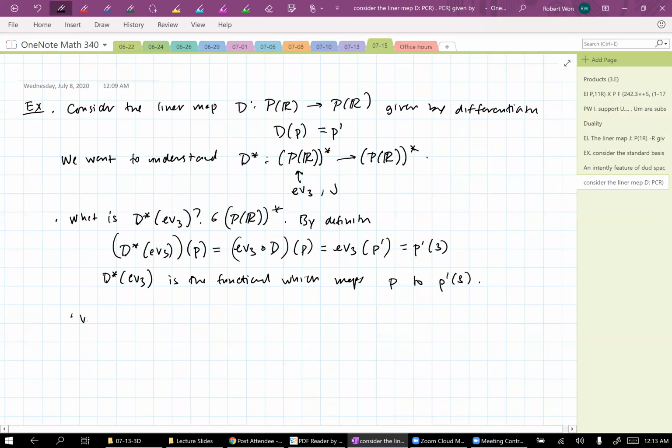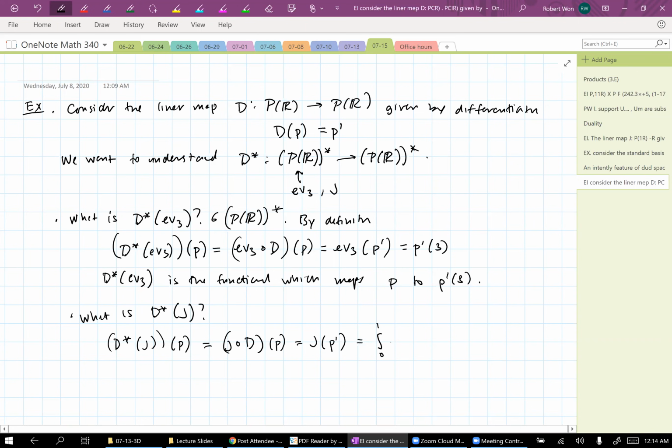Okay, let's consider another element. What is D dual of our integration functional? Well, this thing, again, should be a functional on the set of polynomials. So what does it do to a polynomial? It's supposed to do exactly J of D of P, which is J of P prime, which is the definite integral of P prime of z dz.